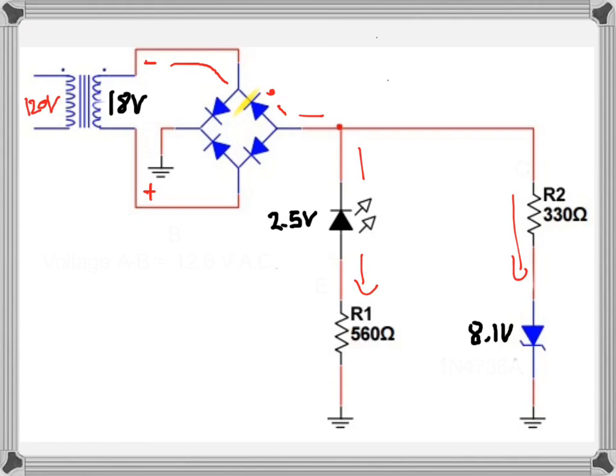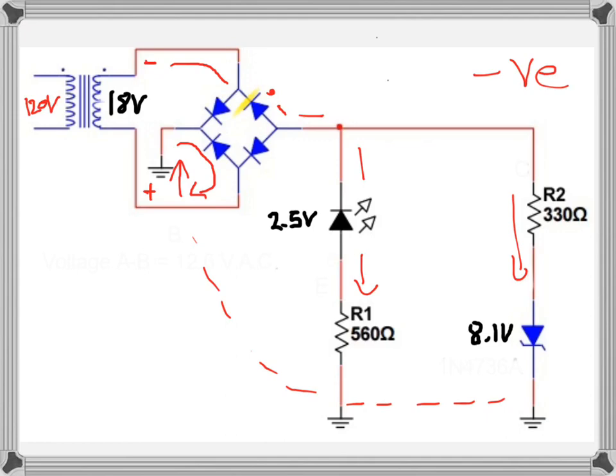These two are common together, and then all the way back up like this, and then down like that. So the output voltage is going to be negative. Okay, good.